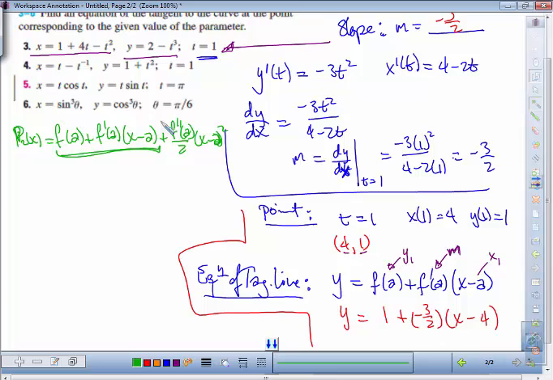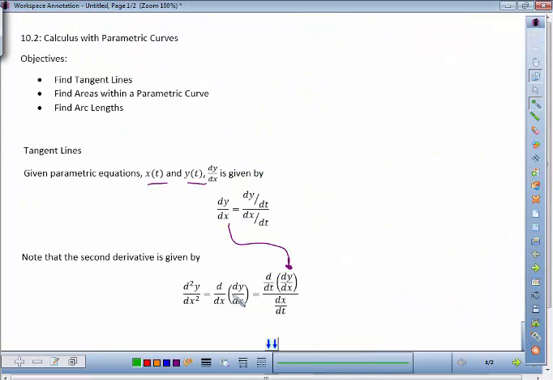So this would be an excuse for us to use a formula to find the second derivative. So let's find a second derivative. d squared y over dx squared is our formula for the second derivative. Now remember that the functions are functions of t, but we want the second derivative of y with respect to x. So according to the formula, and I'm going to take a peek again at the formula, I want the derivative of the first derivative with respect to x.